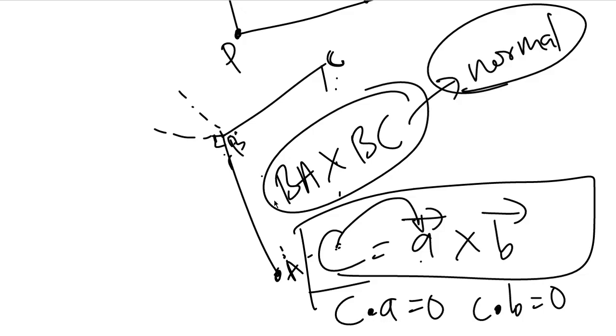Are you following? The normal vector shoots out making an angle of 90 degrees with both BA and BC at the same time, that's what I'm trying to draw out here, but I may not get it perfectly.